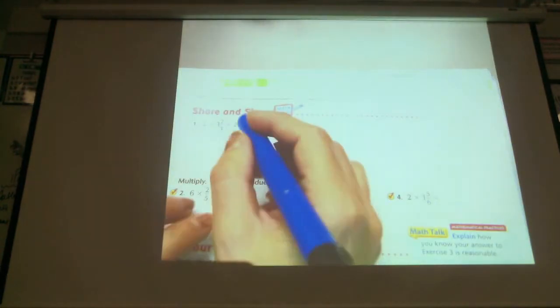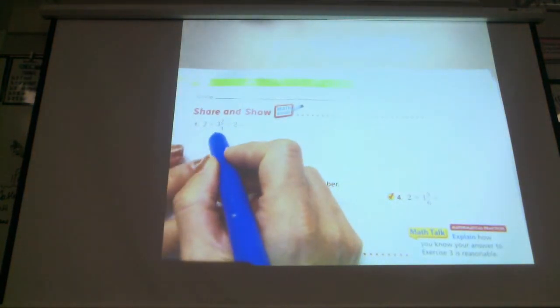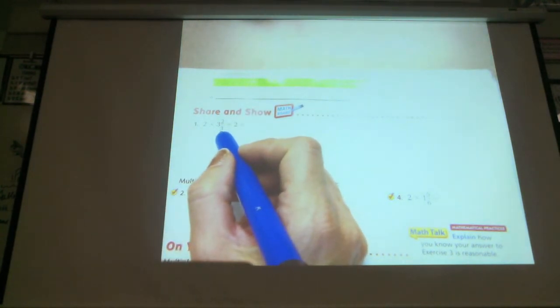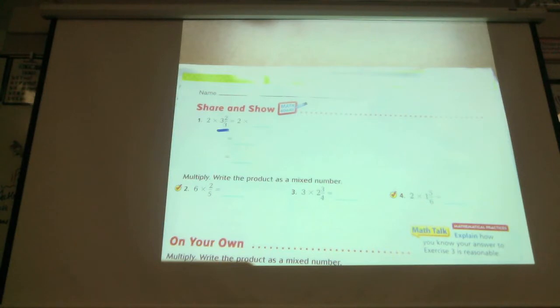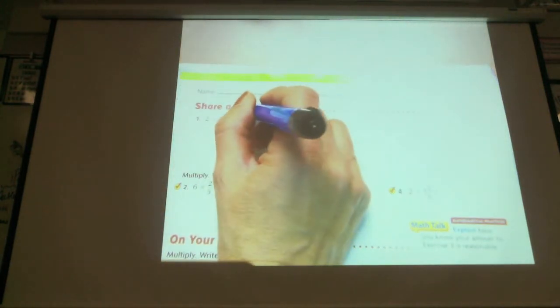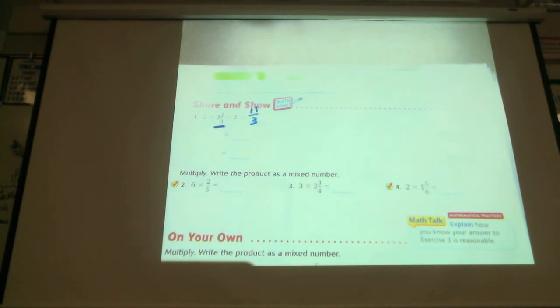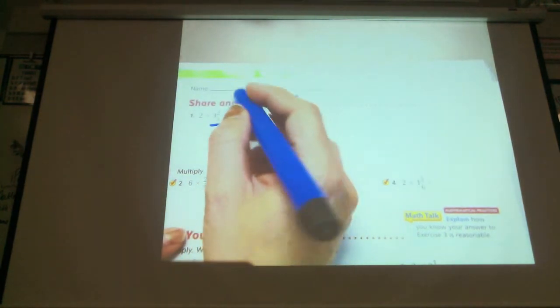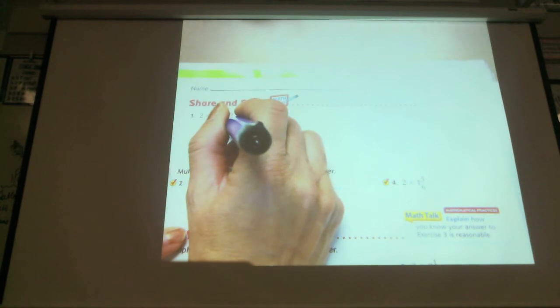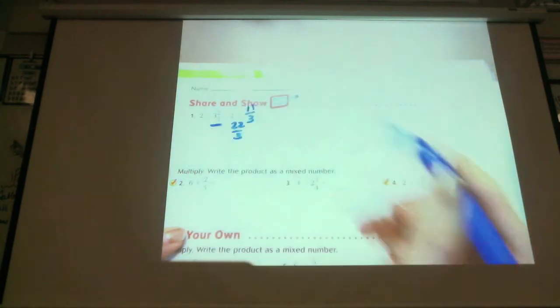First thing I'm going to do is change the 3 2/3 to an improper fraction. I want you to do that in your head. Oh, 11 what? So 11/3, as you said nothing. 11/3. Now we can multiply. 2 times 11 is 22/3.